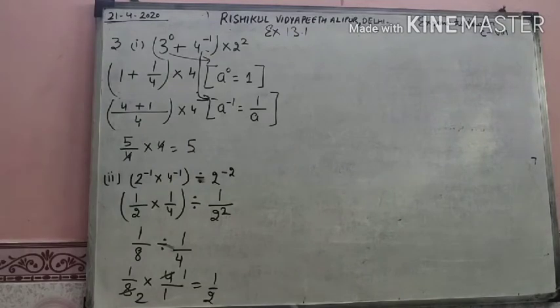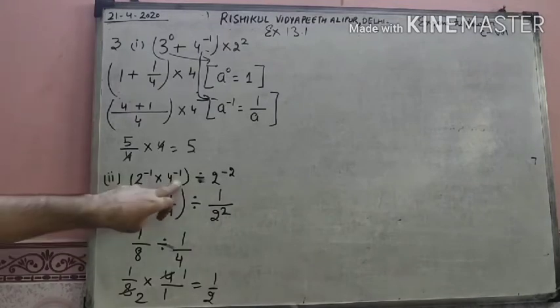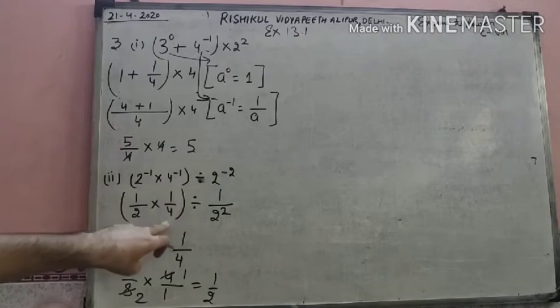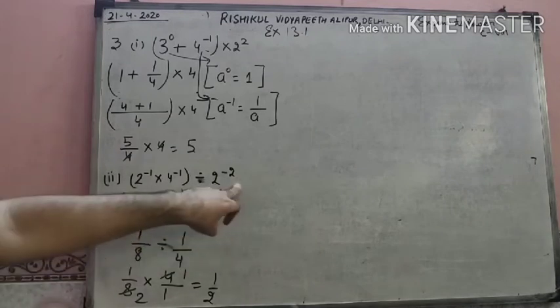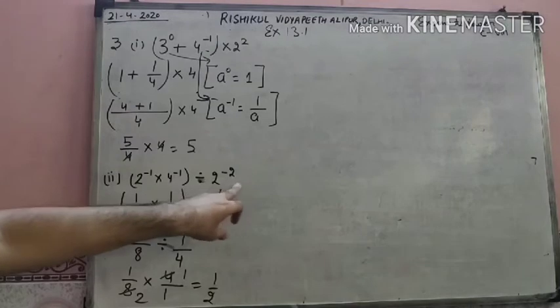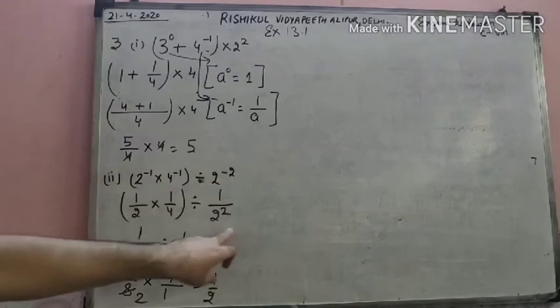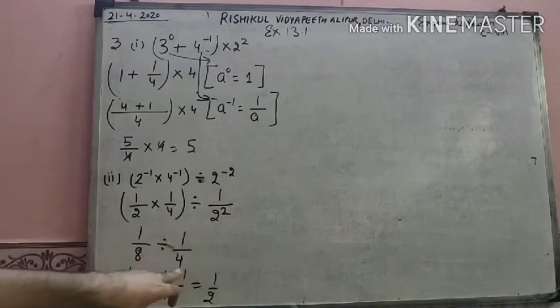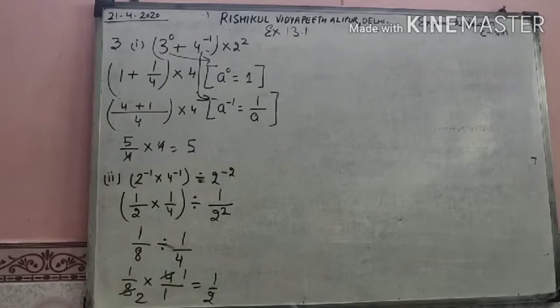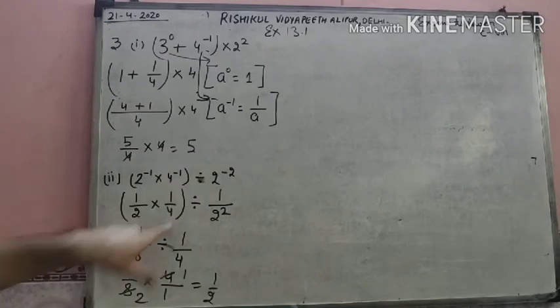Students, again: 2 raised to power minus 1 can be written as 1 by 2. 4 raised to power minus 1 can be written as 1 by 4. Divided by 1 upon 2 raised to power 2, the multiplicative inverse of 2 raised to power minus 2. 2 raised to power 2 can be expanded and written as 1 by 4, and the numerator can be written as 1 by 8.